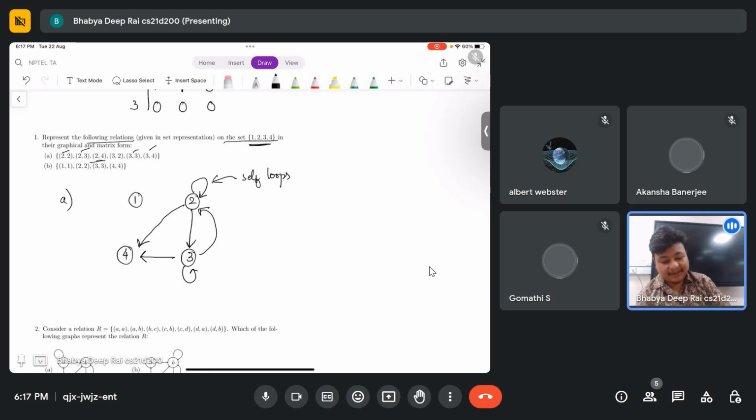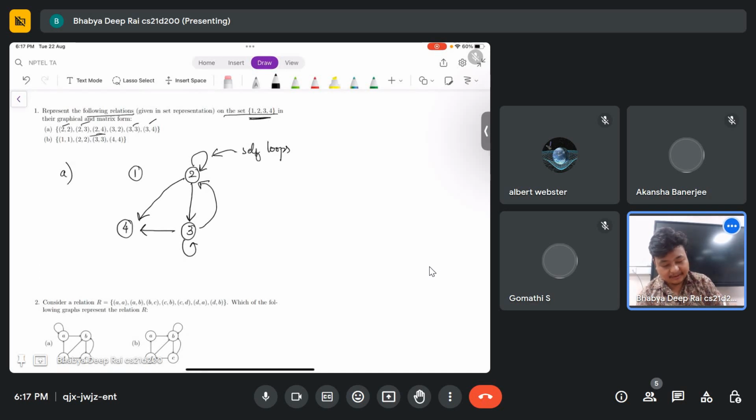Similarly, the matrix also. 1, 2, 3, 4 for rows and 1, 2, 3, 4 for columns. We label the rows and columns.